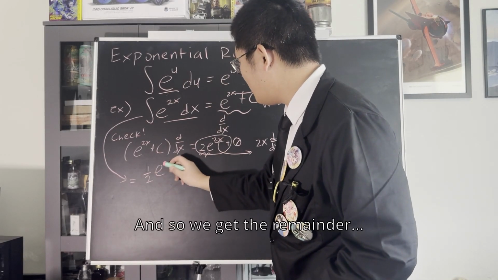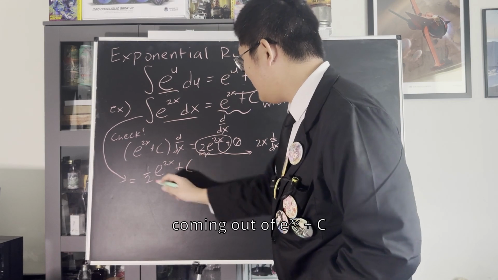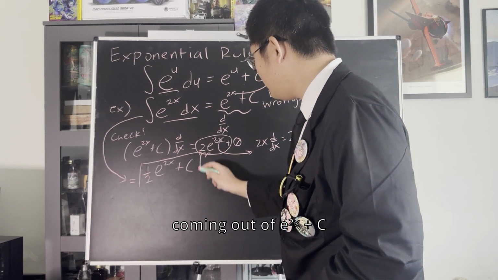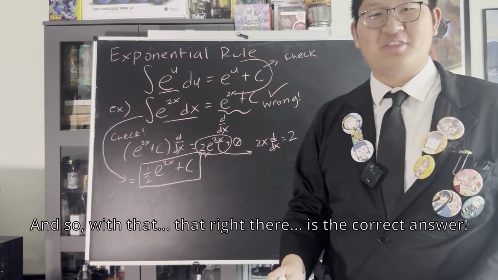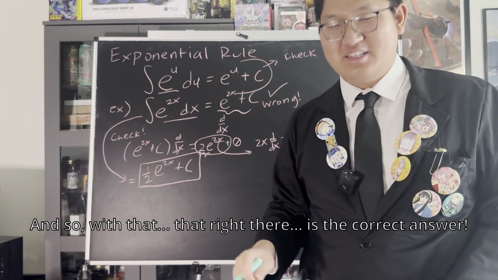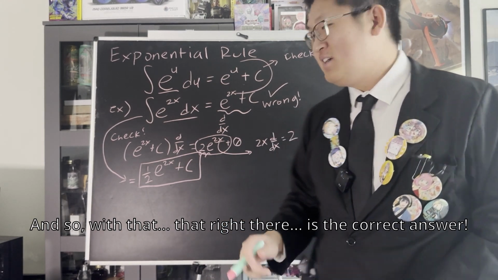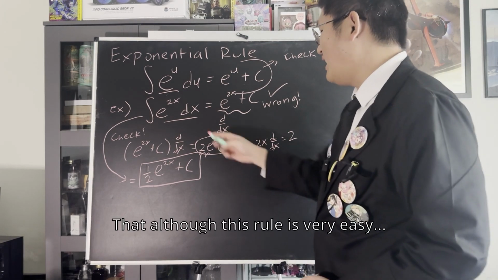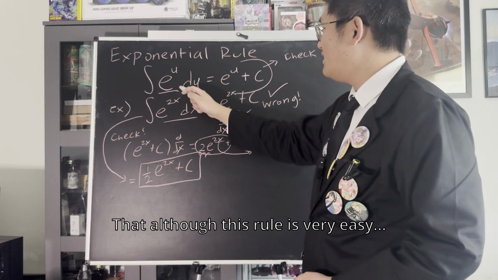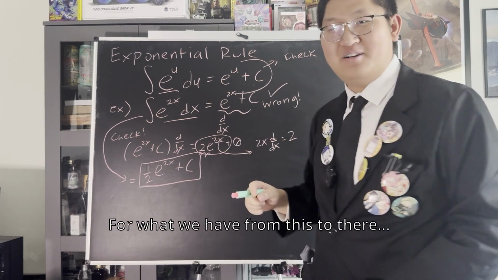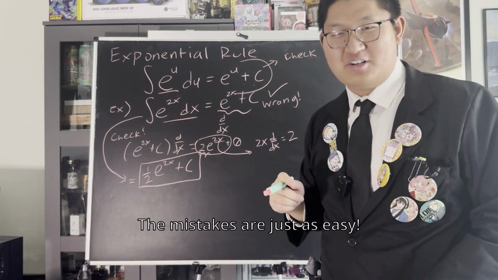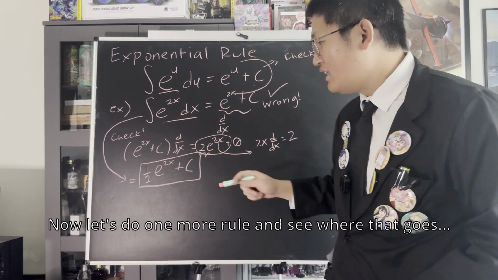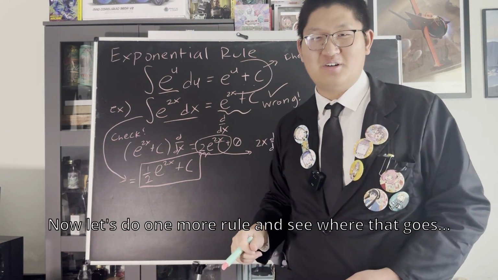And so we get the remainder coming out as e to the 2x plus c. And so with that right there is the correct answer. You've proven my point just perfectly, that although this rule is very easy for what we have listed there, the mistakes are just as easy. Now let's do one more rule and let's see where this goes.